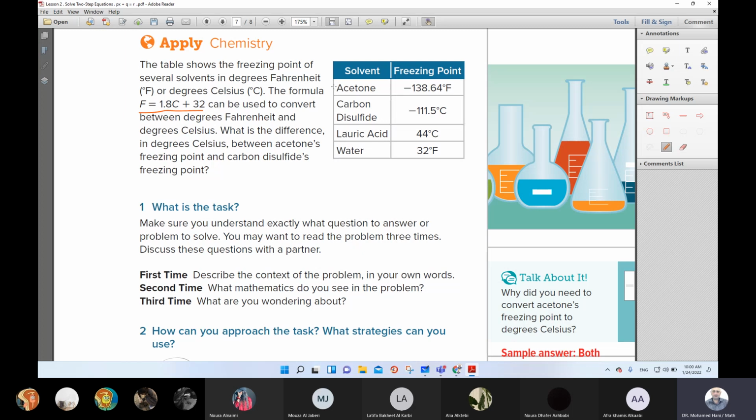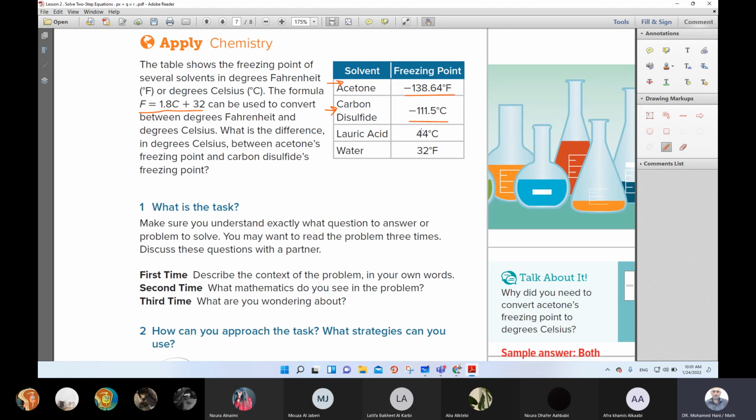So here we have the acetone and here we have the carbon. As you see, this is the freezing point of the acetone and this is the freezing point of the carbon.